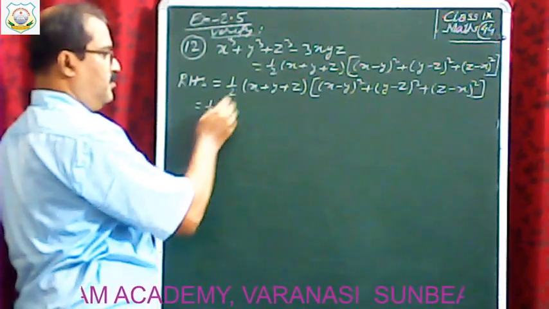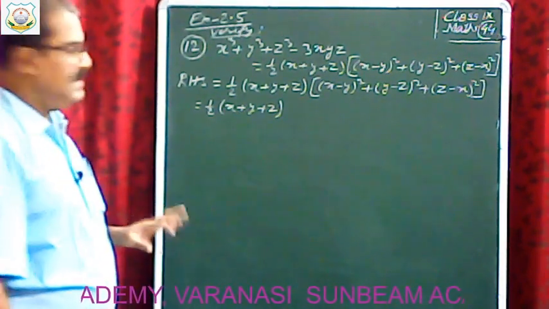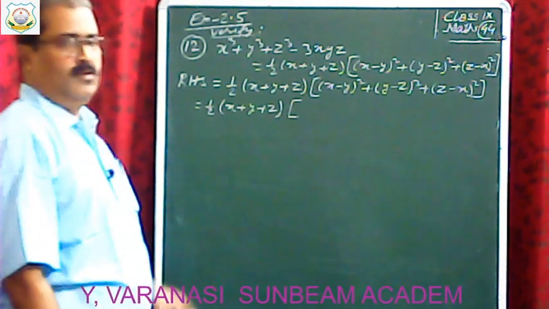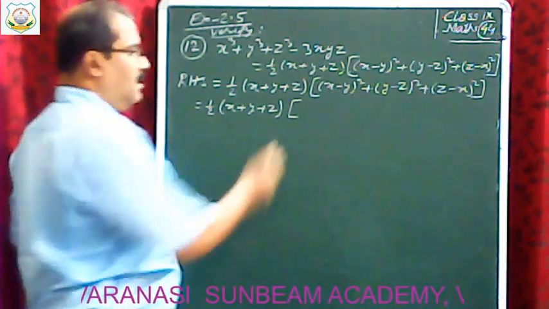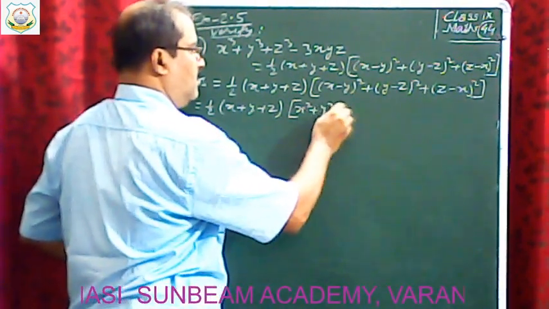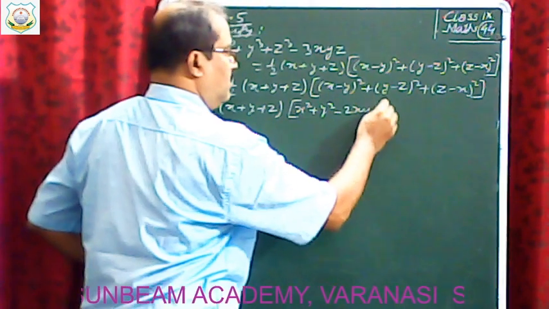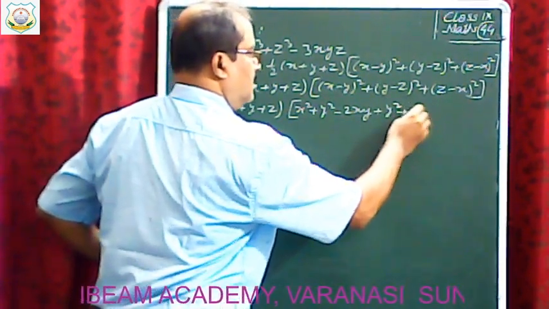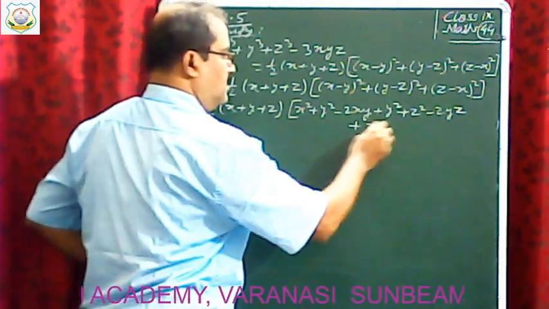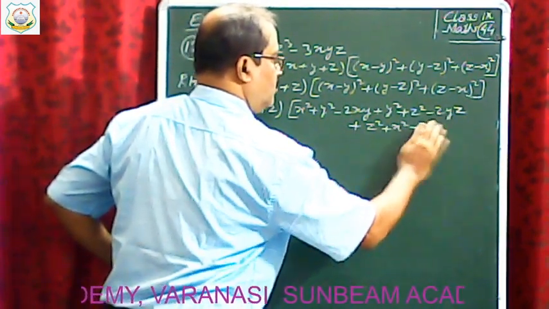So half, x plus y plus z as it is, and thereafter within the bracket you have to expand accordingly. x minus y whole square, like a minus b whole square, you have to expand: x square plus y square minus 2xy. y minus z whole square, again you have to expand: y square plus z square minus 2yz, plus z minus x whole square: z square plus x square minus 2xz or zx, do whatever.